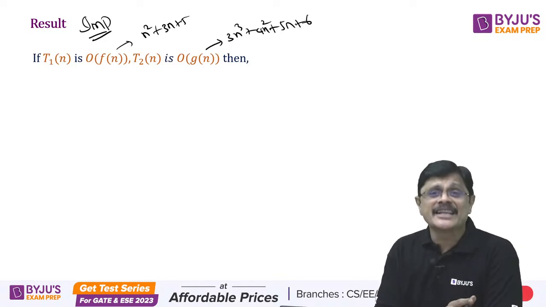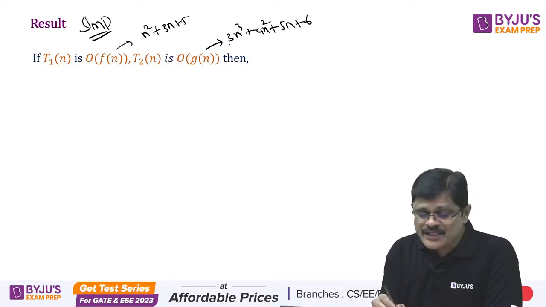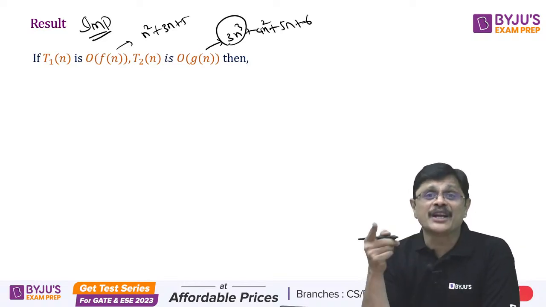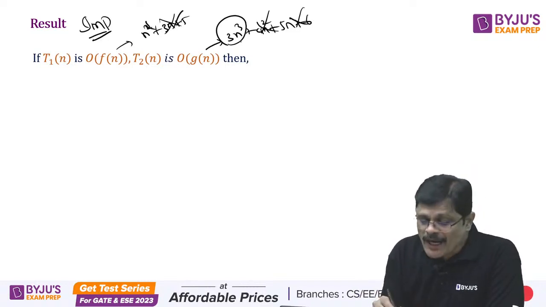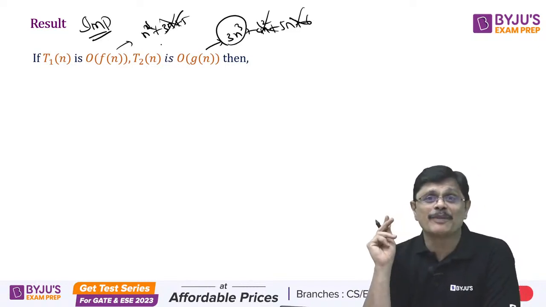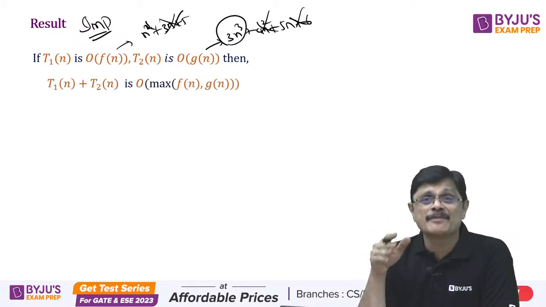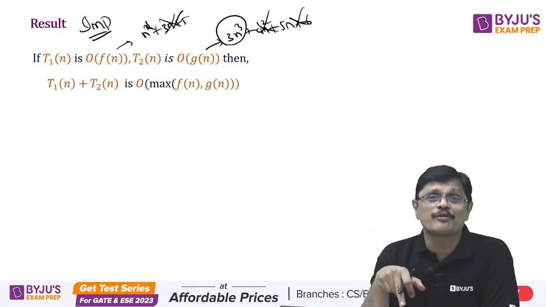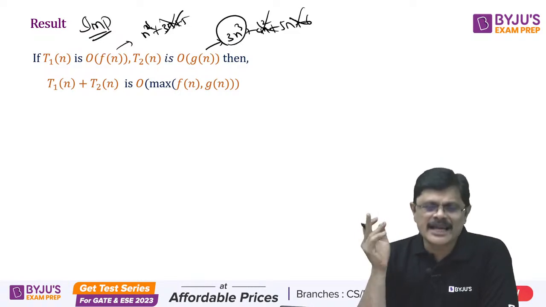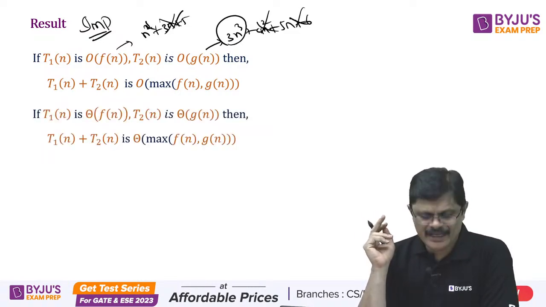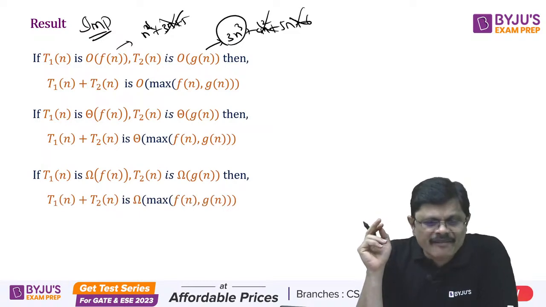When you add these two, the highest order term would be n cube. So all the lower order terms will be cancelled, my dear friends. So whatever is maximum, that will come into play. So T1 plus T2 is big O of maximum of f(n), g(n), my dear friends. Same is the case with big theta and same is the case with big omega, my dear friends.